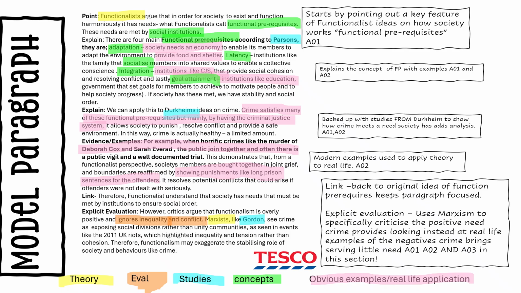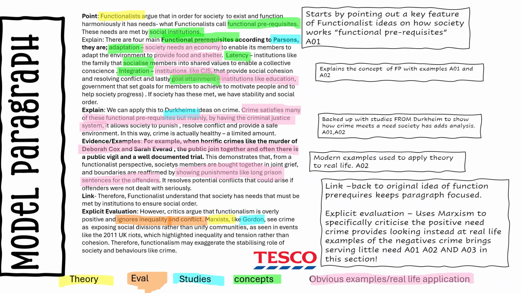In this way, crime is actually healthy, a limited amount. So I've backed up with a study of Durkheim to show how crime meets that need. Again, I'm still focused on explaining how functionalists understand how society works by looking at its needs.